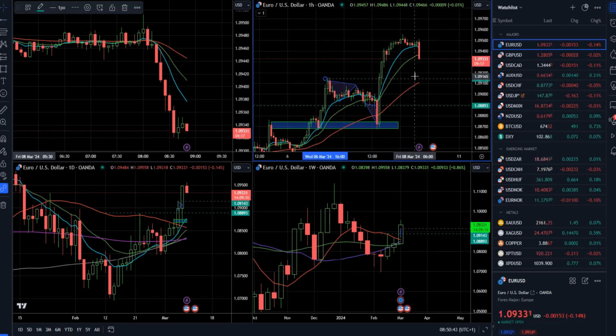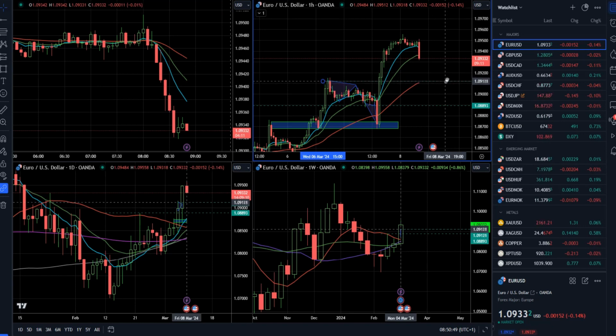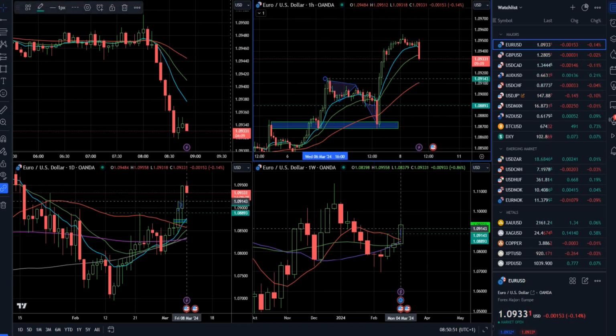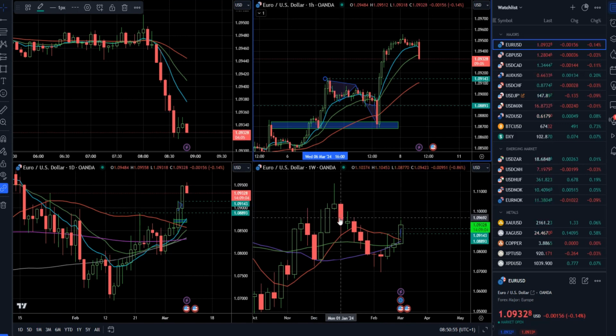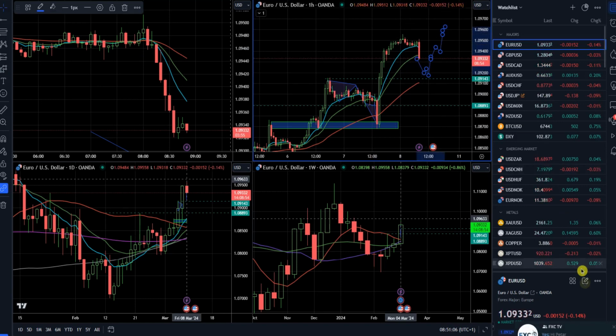But now the previous swing high from this area can act like support, 1.0914 and the 1.0900, 1.0910 area. So there is a chance that the market can trade towards that level and then eventually find buyers, something like creating a bull flag.